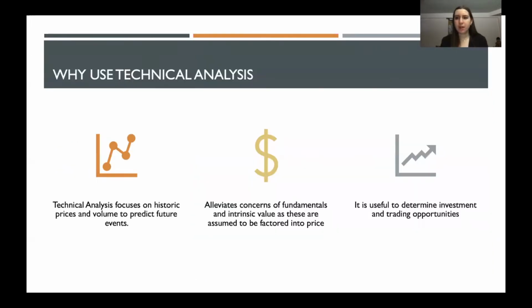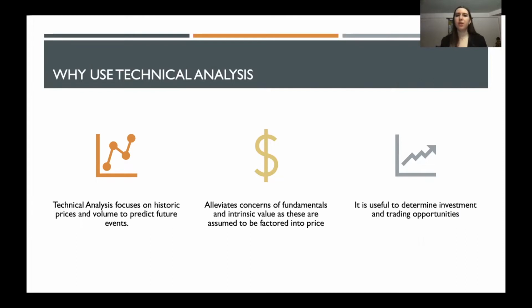So why do we use technical analysis? Technical analysis does focus on historic prices and volume to predict future events. So it alleviates any concerns or requirements to look into the fundamentals of a business and its earnings to calculate price, or to use that to predict where the price is going to go.